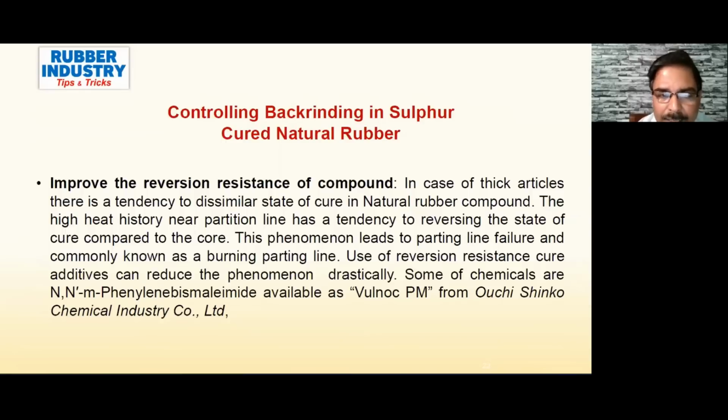The high heat history near the parting line has a tendency to revert the state of cure compared to the core. This phenomenon leads to parting line failure and is commonly known as burning of the parting line. Use of reversion resistant cure additives can reduce the phenomenon drastically.